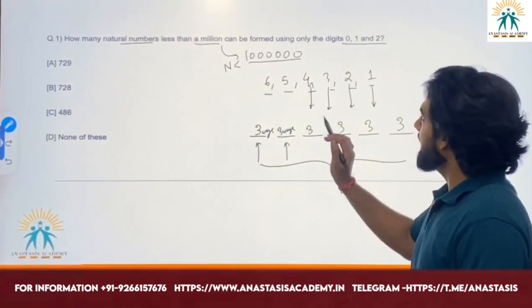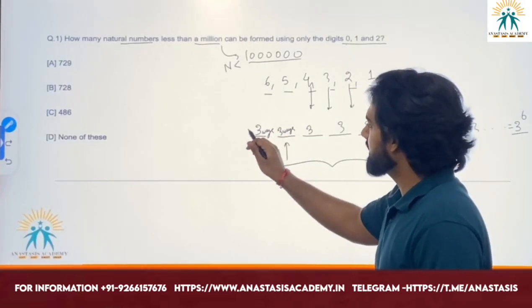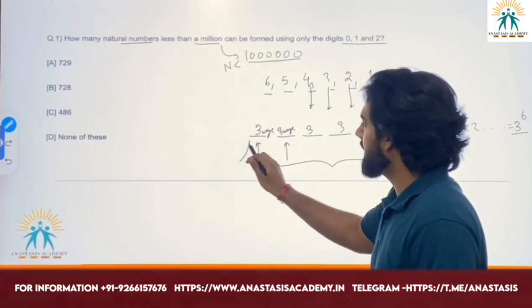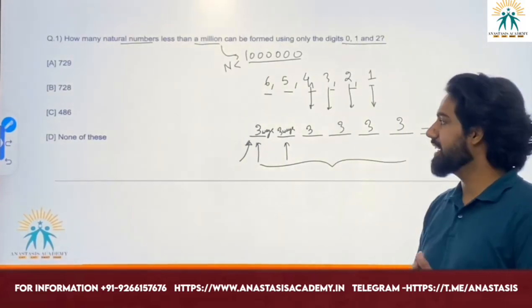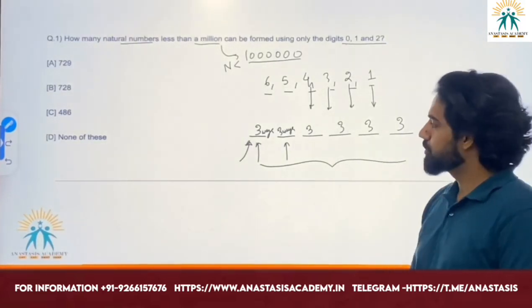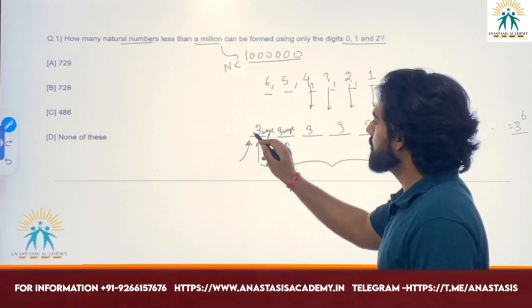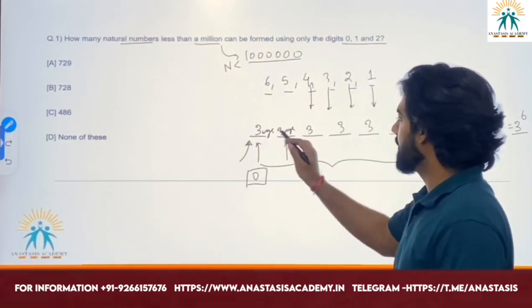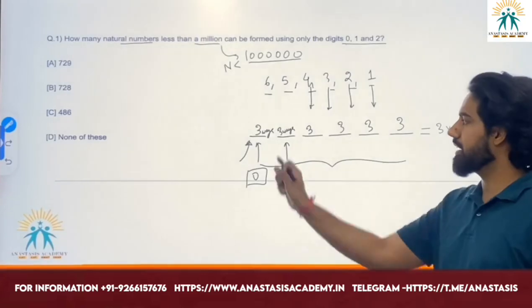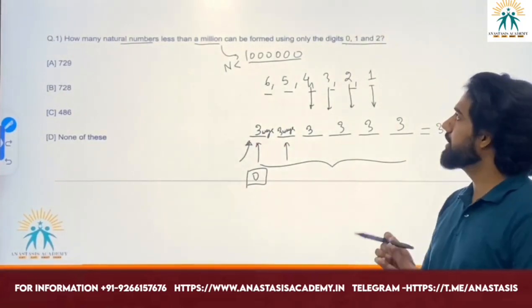Now, the important thing is, if I use the digit 0 in first place, that will not be a 6 digit number, it will be a 5 digit number. So it's okay to use 0 at this place. Why? Because I have filled this place in 3 ways, 0, 1 or 2.